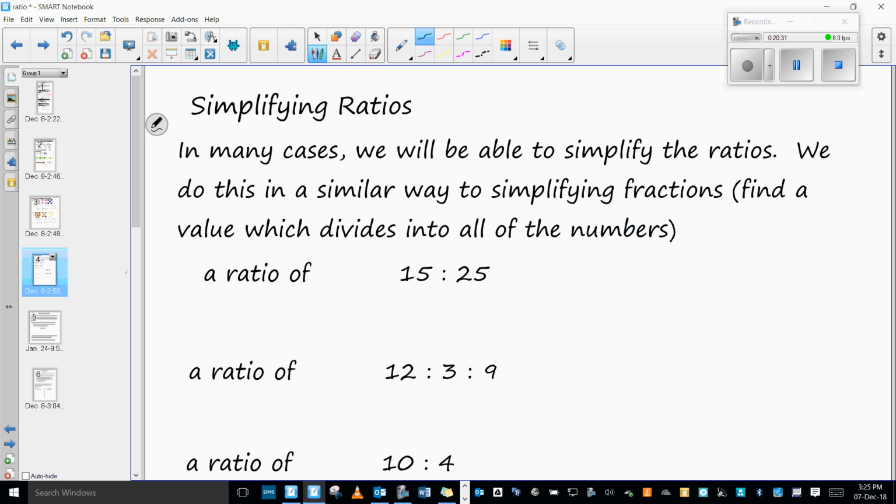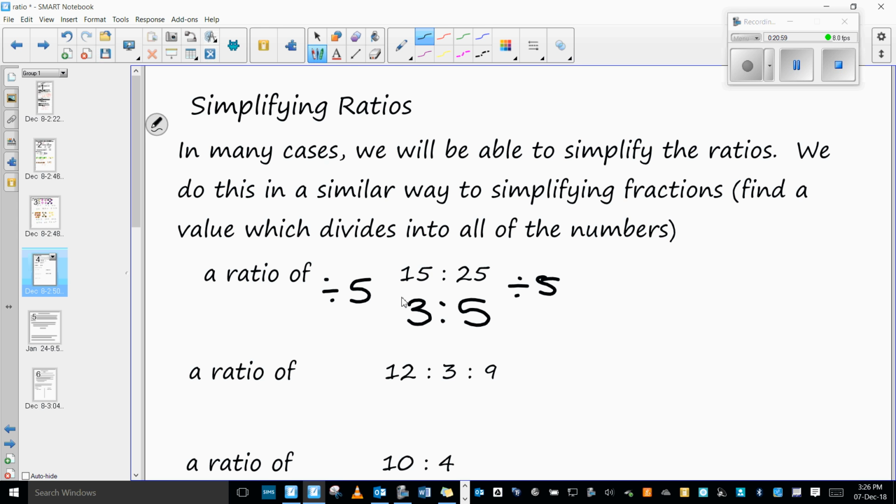So 15 and 25, which number goes into both 15 and 25, Madison? 5. How many times does 5 go into 15? 3. And how many times does it go into 25? Okay, so you could show divide by 5 to get our 3 and our 5.